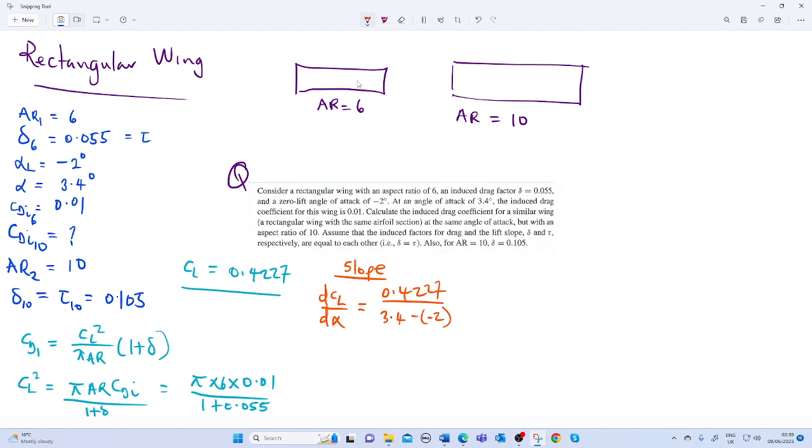And don't forget that dCL over d alpha equals A. So A equals 0.0783 per degree. By converting 0.0783 to radians, 0.0783 times 180 over pi, gives us 4.4849 per radian.